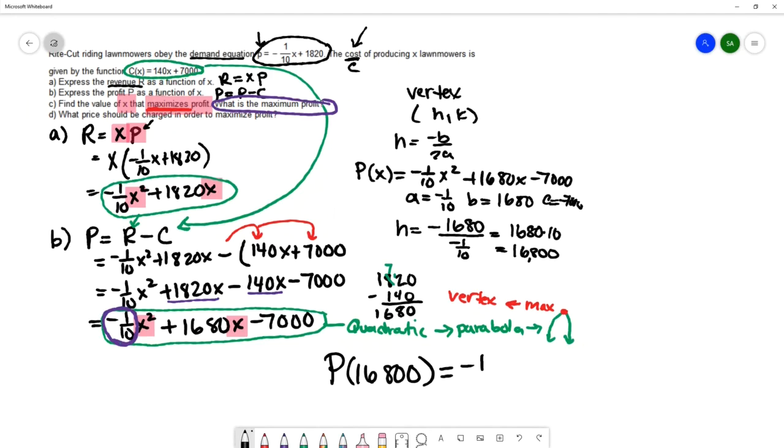So it's negative 1/10 times 16,800 squared plus 1,680 times 16,800 minus 7,000. I think it might be worth it to bring my calculator in for this calculation.